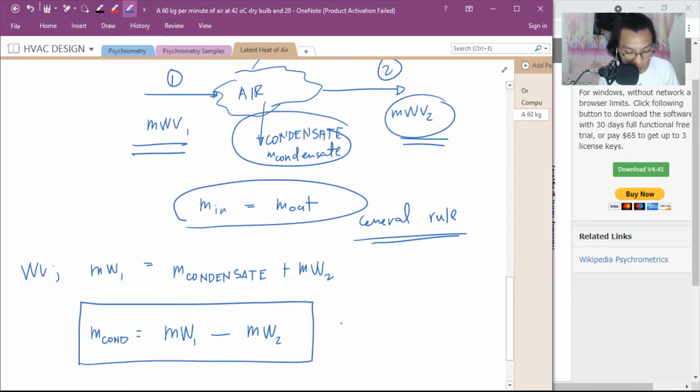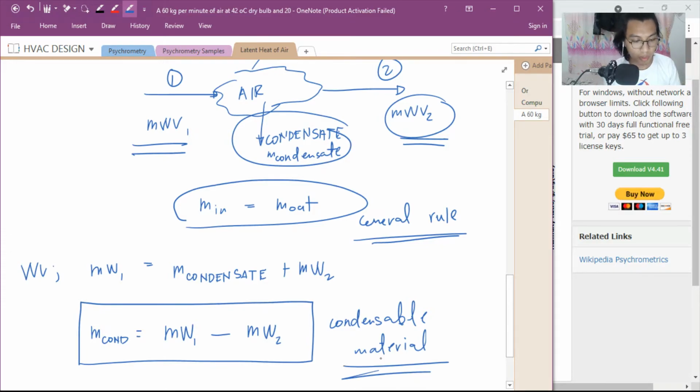This is the condensable material. That is for the water vapor.